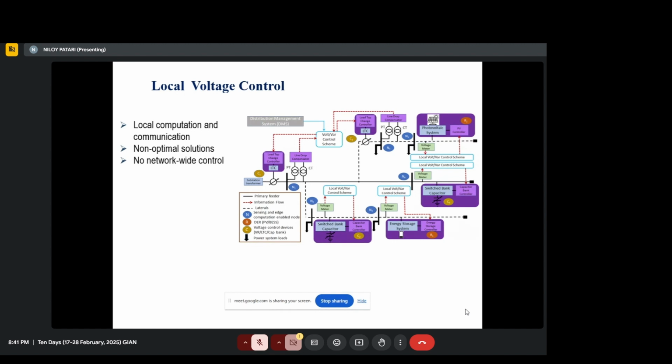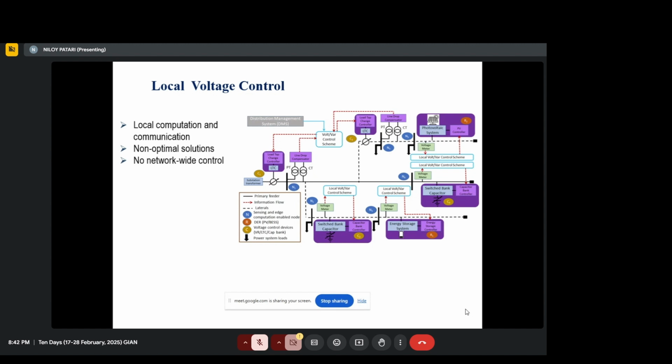Then there is an over-voltage issue in the next neighbor node, right? So the problem with local voltage control is that the approach is local. It is easy to execute, easy to sense, and not much to compute, but you don't know its impact network-wide. And the solutions are also non-optimal because it's a rule-based approach, right?